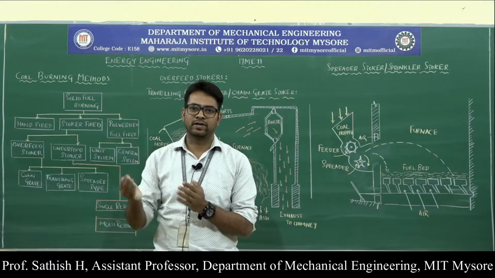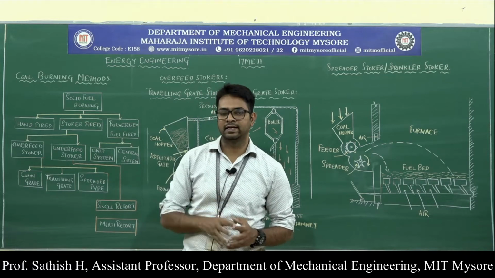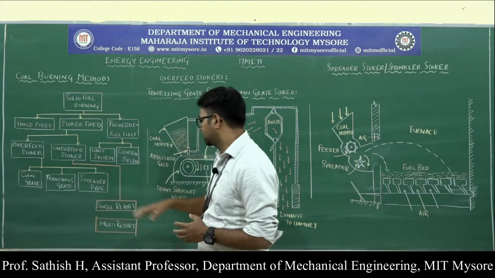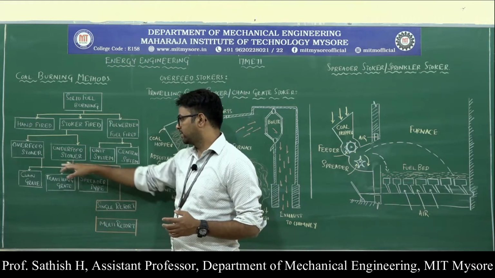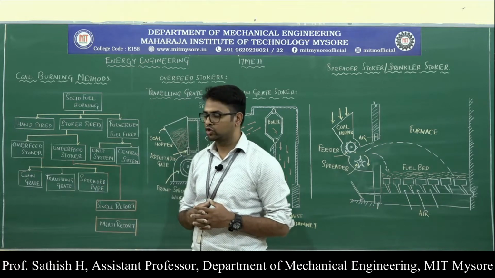The function of the spreader is to distribute the coal uniformly over the grate so that proper combustion takes place. That is one more type under overfeed, the spreader type of stoker.